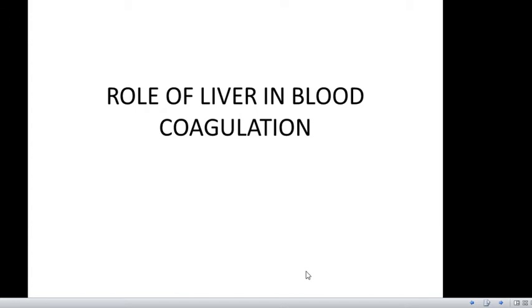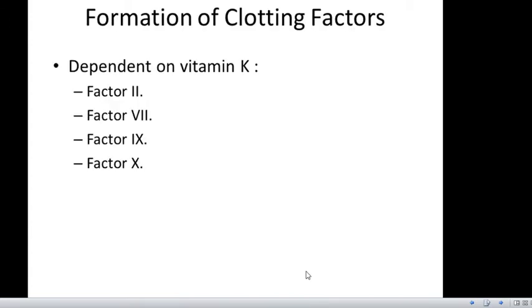Let us summarize the role of liver in blood coagulation. Several factors needed for blood coagulation are formed in the liver. These include factor 2, factor 7, factor 9, and factor 10.